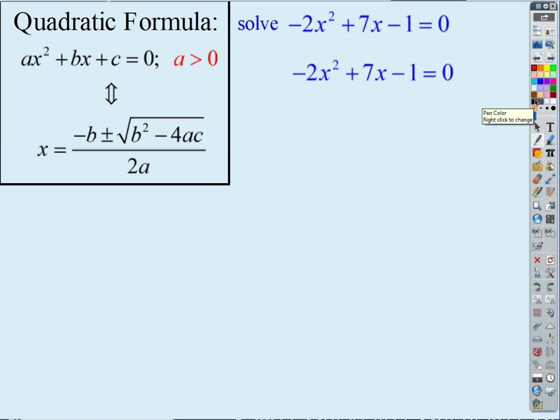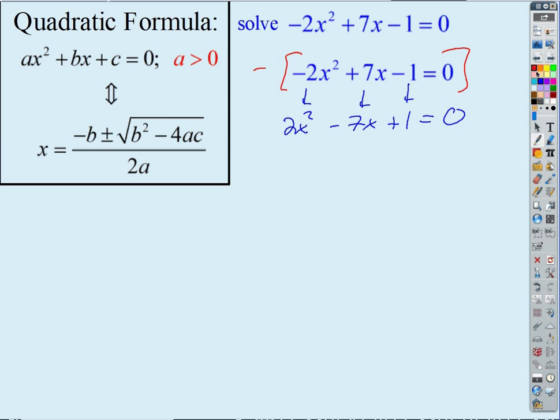Probably multiply, or easier to think about it maybe is just multiplying the whole thing by -1, just distributing a negative through both sides. And if I do that, I'm going to get positive 2x squared minus 7x plus 1 equals, -1 times 0 is just 0, right? Okay, now we're good. A is positive, it's in standard form.